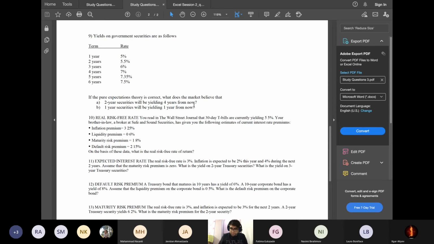This is very easy. 1 year securities will be yielding 1 year from now. Which is 5.5%.